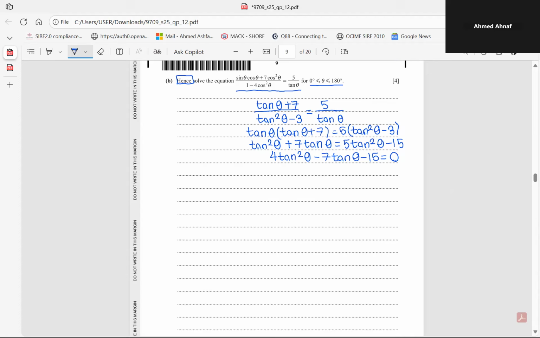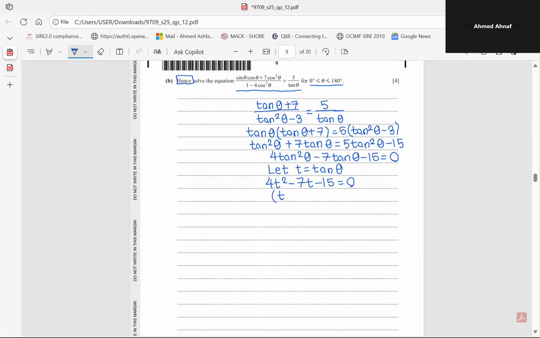As we can see, we have a quadratic equation in terms of tangent theta. So let's do a simple substitution where we let t equals to tangent theta. So this would be 4t squared minus 7t minus 15 equals to 0. You can again use the quadratic formula or factorization or completing the square, whichever you feel most comfortable with. Here I'm going to factorize.